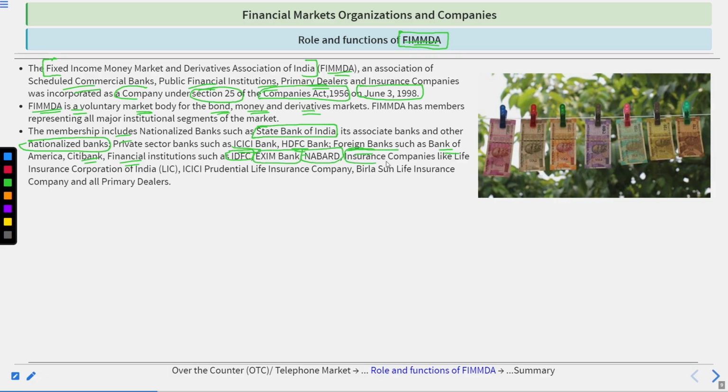Insurance companies are also there like Life Insurance Company, ICICI Prudential Life Insurance Company, Birla Sun Life Insurance Company, and all other primary dealers. So these all have their membership in FIMDA, and that's how FIMDA represents almost all the major institutional segments of the market. We are not talking about the minor segments, they could be left out, but the major institutional segments which have an impact on the markets are represented by FIMDA.